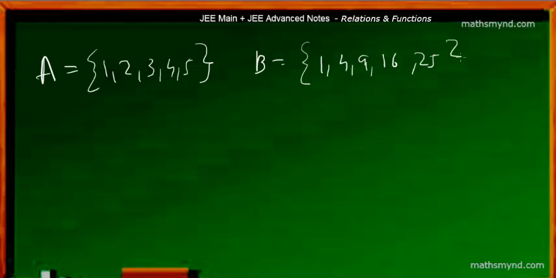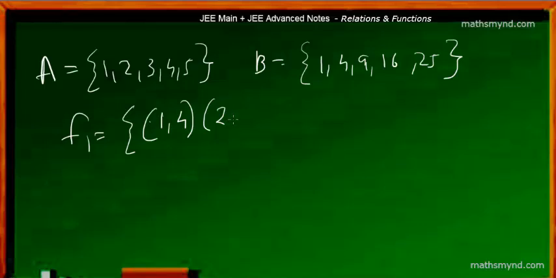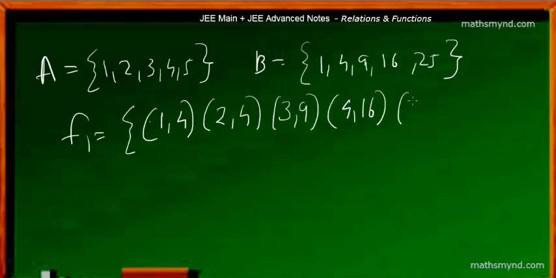And if we have a function like f1 equal to (1, 1), (2, 4), (3, 9), (4, 16), and of course the last case is (5, 1).